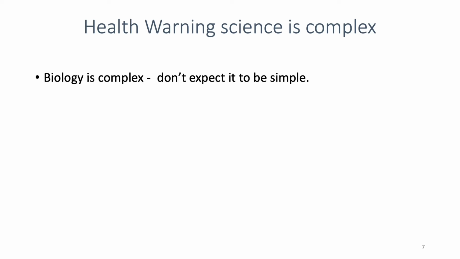It is complex. And therefore, when you're trying to understand how a system works or why it works, you're unlikely to be able to get a clear answer just by a cursory investigation. So you need to understand the health warning that science actually is complex. And what we think we understand and what we think we know can be quite challenging at times.